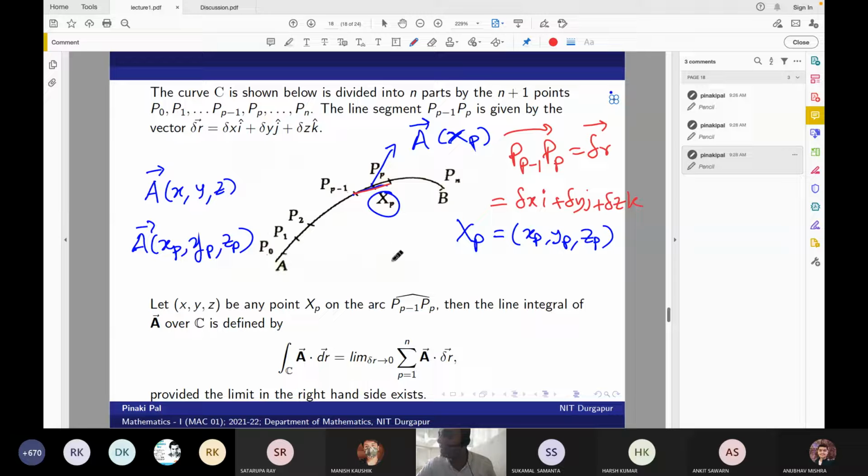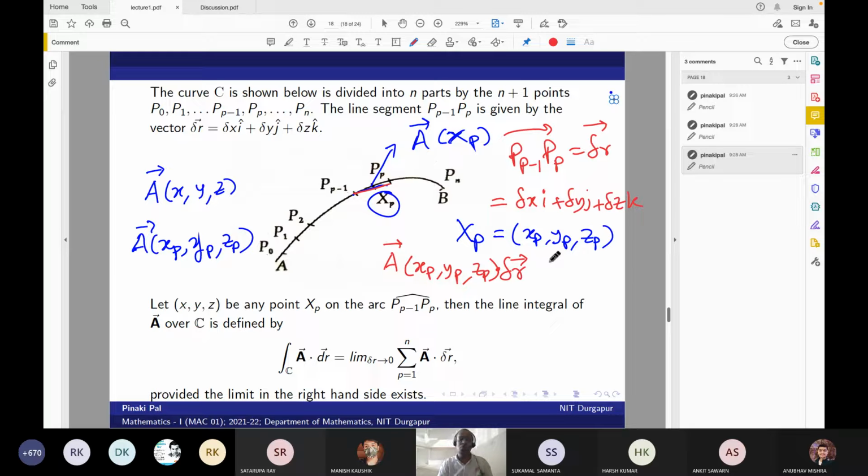We'll get basically A calculated at xp, yp, zp dot delta r. Okay, so you see whether you agree or not.